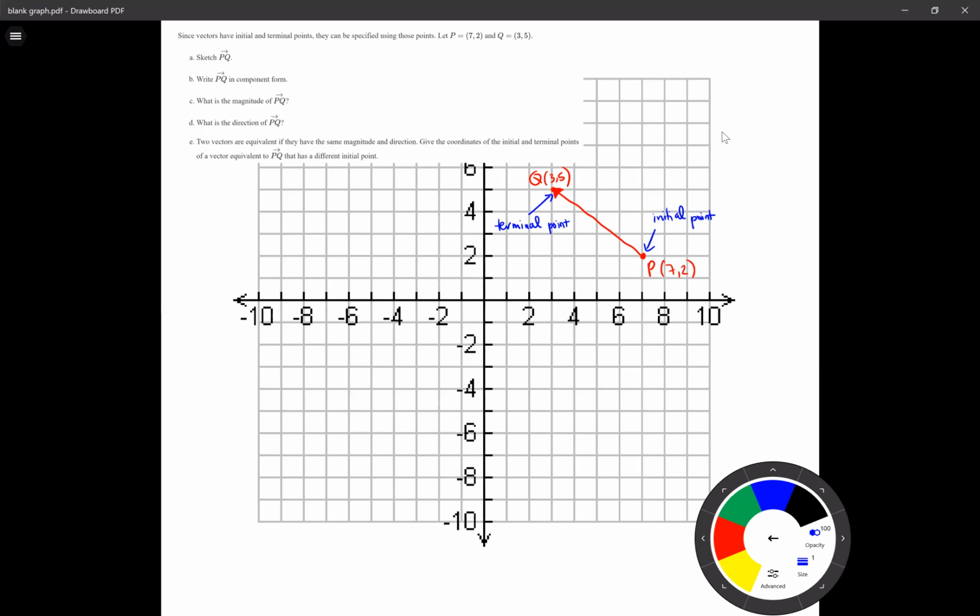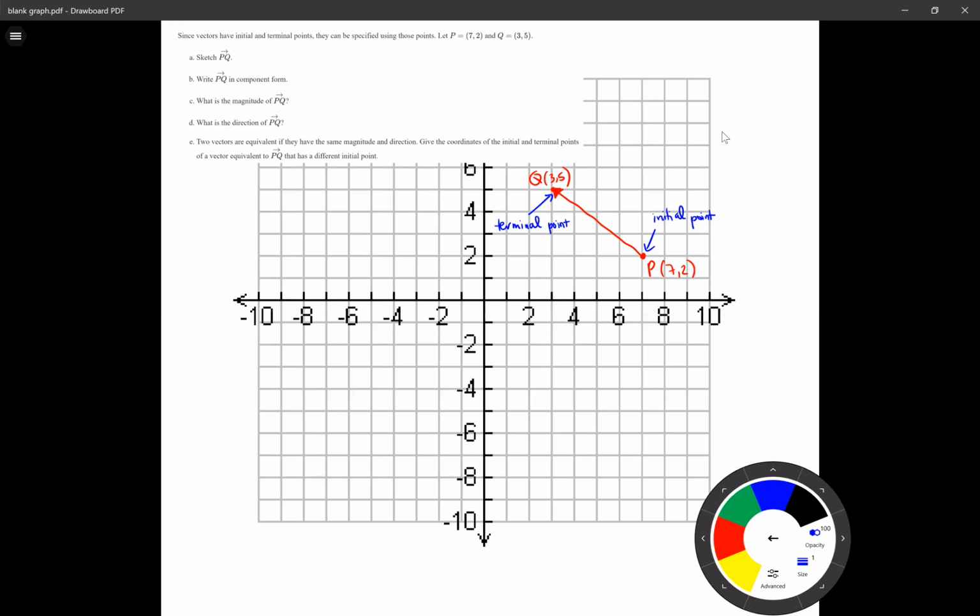Okay, how about the rest of you? Do you agree Q is the terminal point or ending point? All right, thank you guys. Okay, so we're done with part A. We sketched vector PQ. If you see the arrow on top of PQ, that means vector.